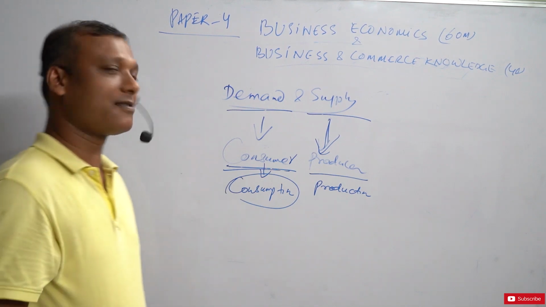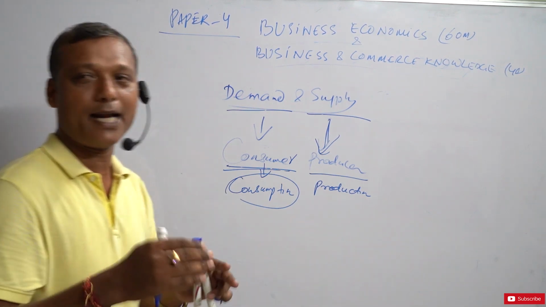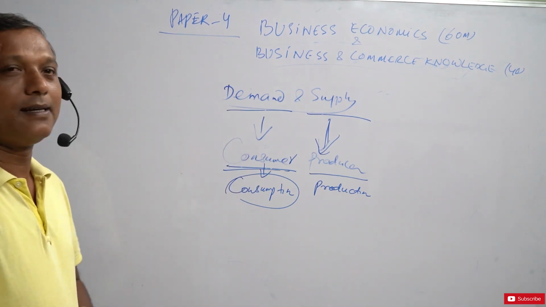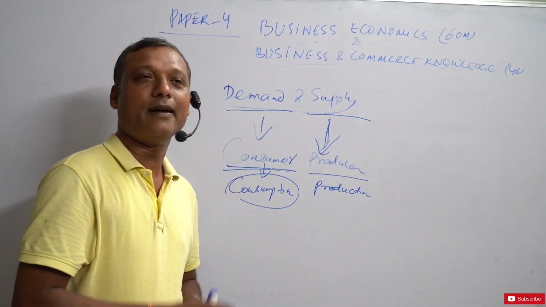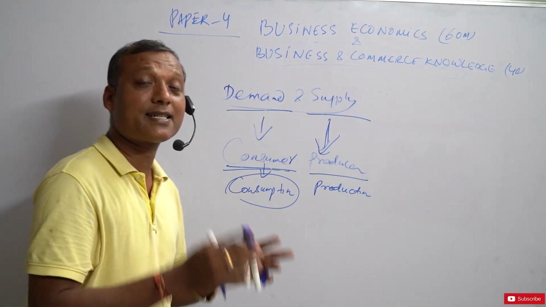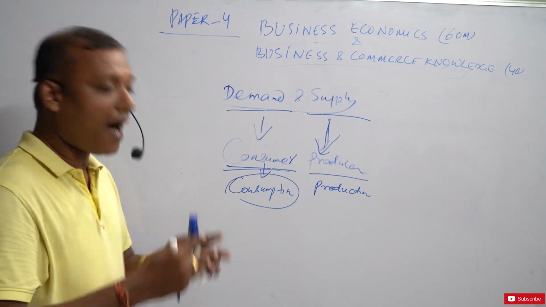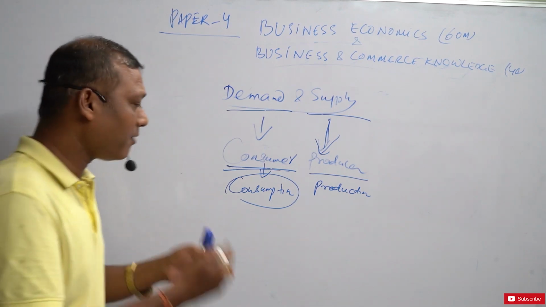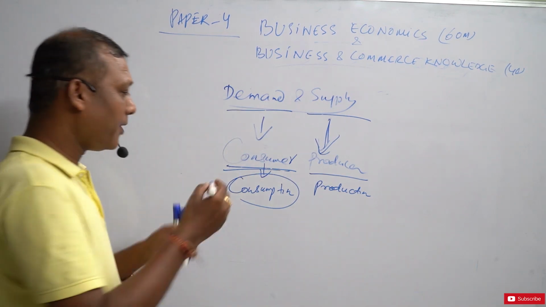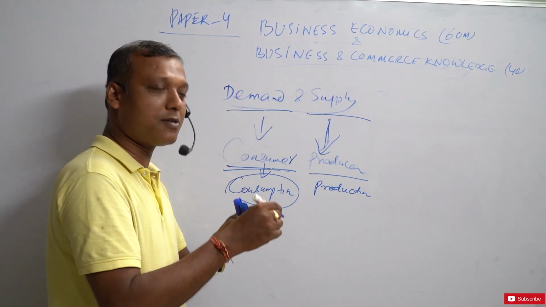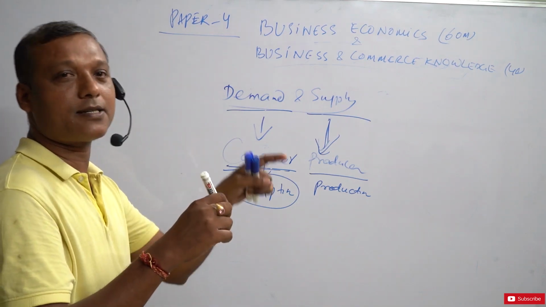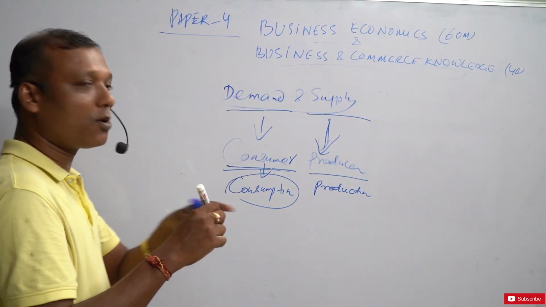In economics, when you are trying to understand the concept of consumption, then I can say consumption means destruction of utility. I want to be very simple. When, for example, I use a marker, then the utility of the marker goes on diminishing.